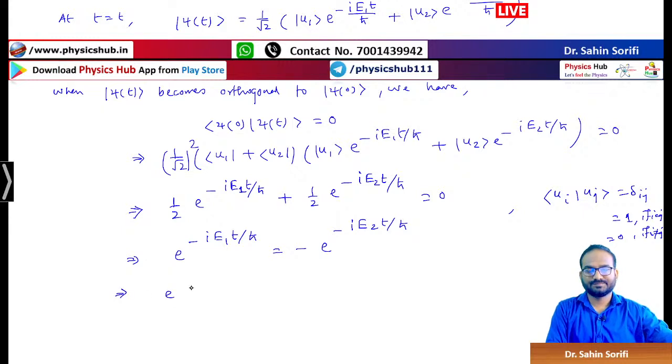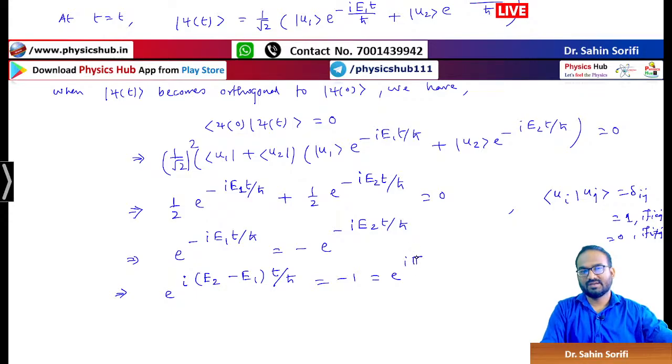Look, e to the power, if I take i common, this E2 will come here positive and that minus E1 t by h cut will remain. This is minus 1. Okay, minus 1 can be written as e to the power i pi.